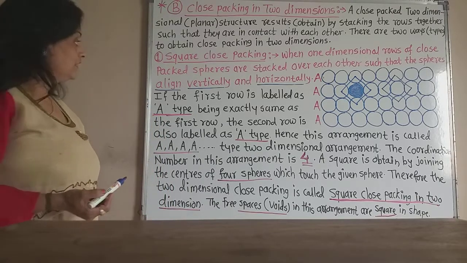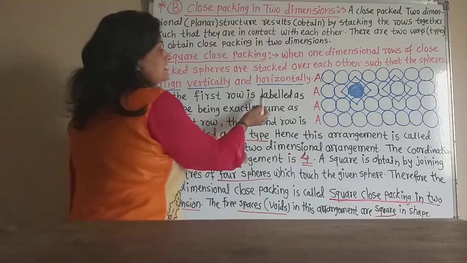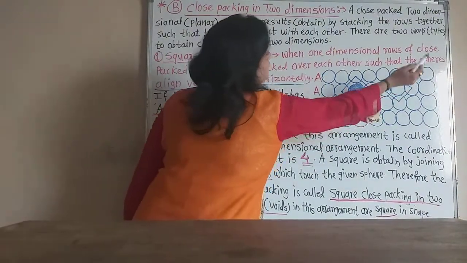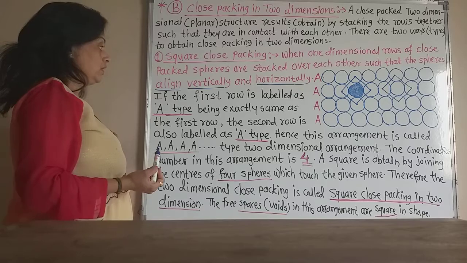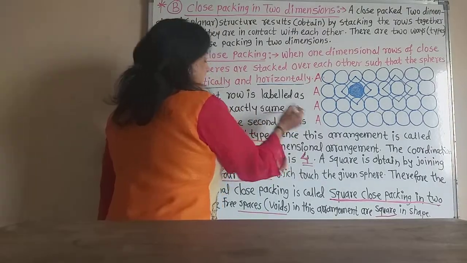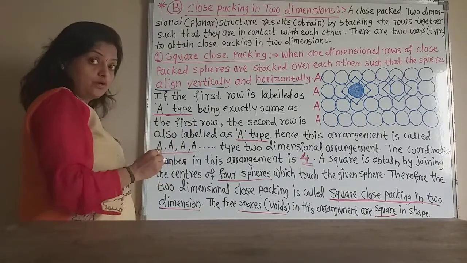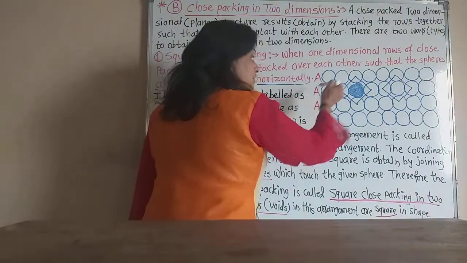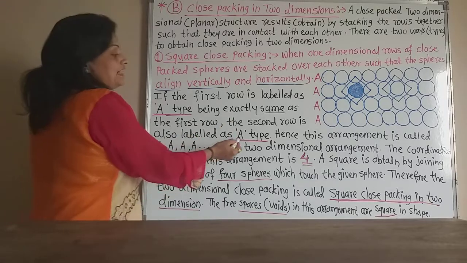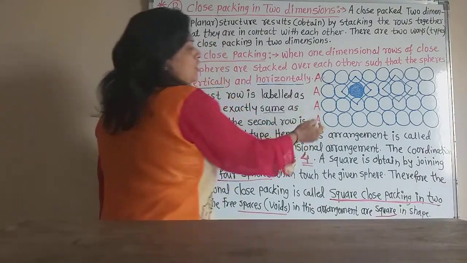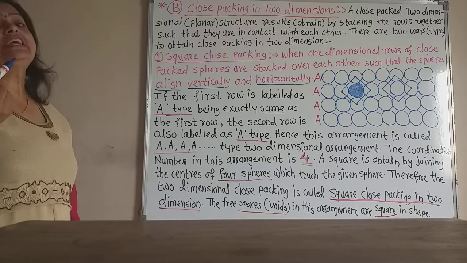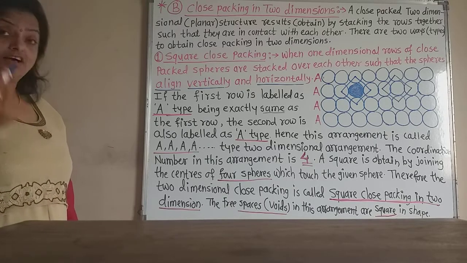Let us see. Suppose the first row is labeled as A type. The second row is exactly the same as the first row, so it is also labeled as A type, because they are similar rows which are horizontally and vertically aligned.